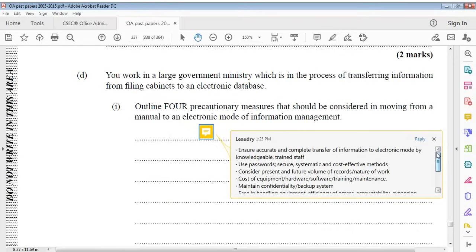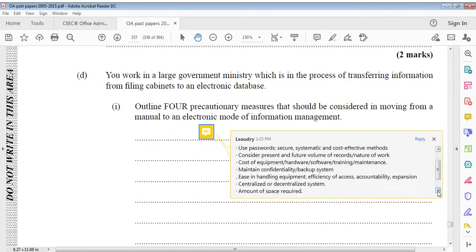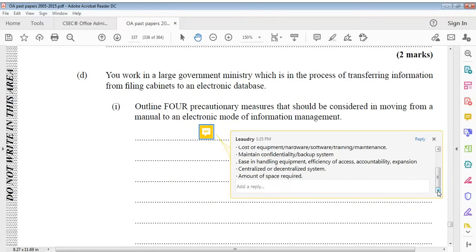5, maintain confidentiality or backup system. 6, ease in handling equipment, efficiency of access, accountability or expansion. 7, centralized or decentralized system. 8, amount of space required.